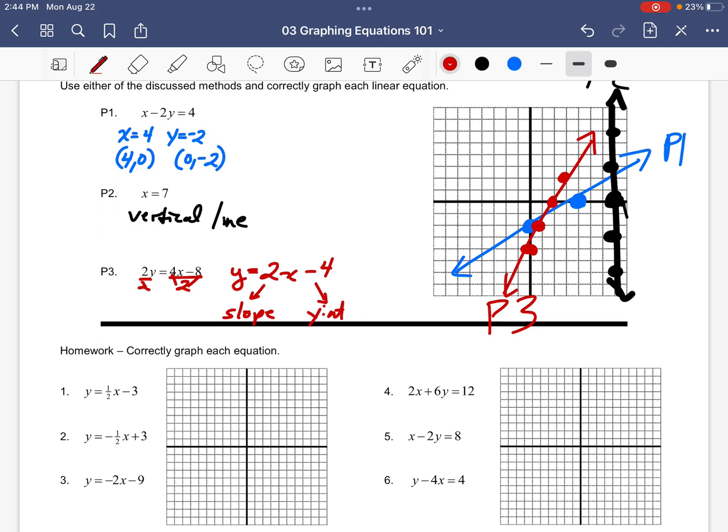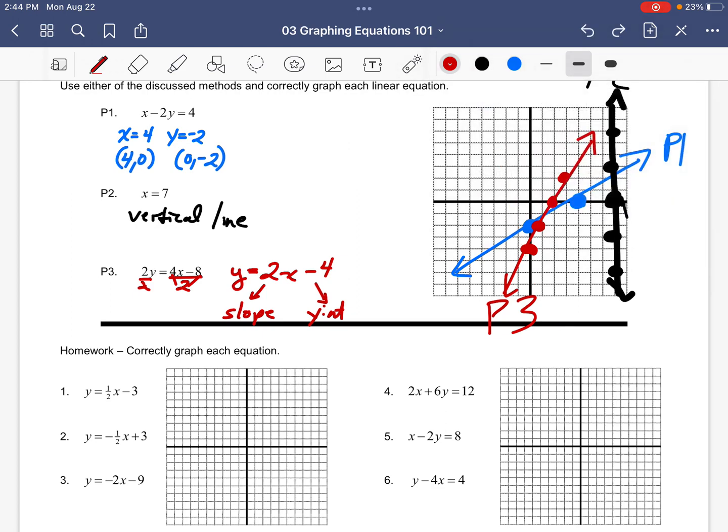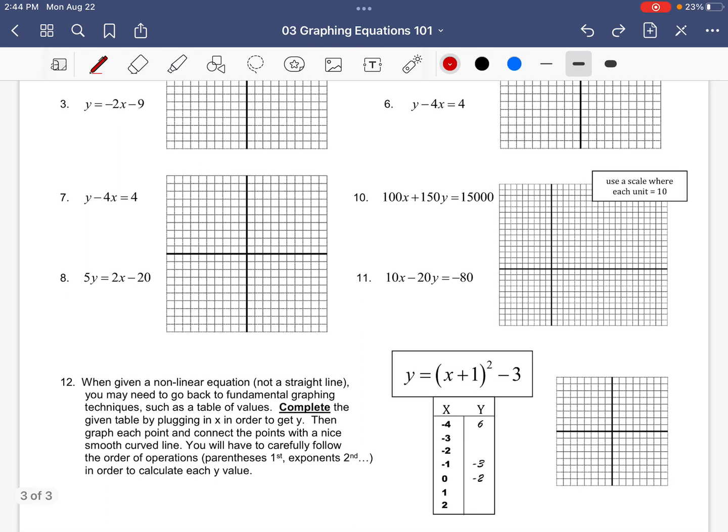All right, give yourself the opportunity to practice. We've got some problems. Make sure that you do try number 12. If you glance down there, you'll notice that number 12 is not y equals mx plus b, and it's not ax plus by, in other words, standard form.